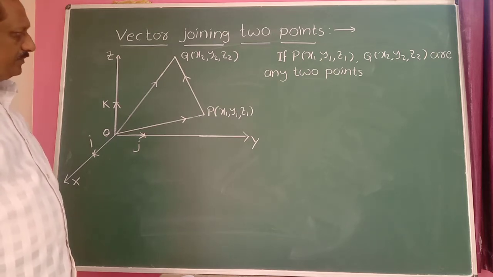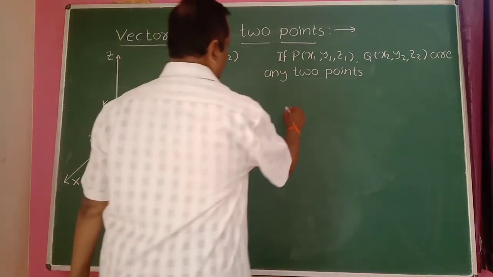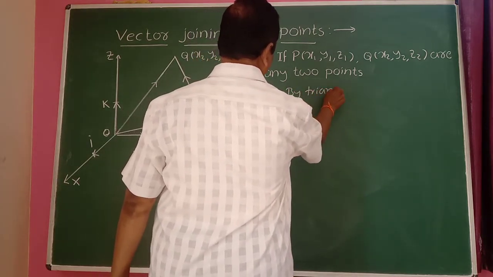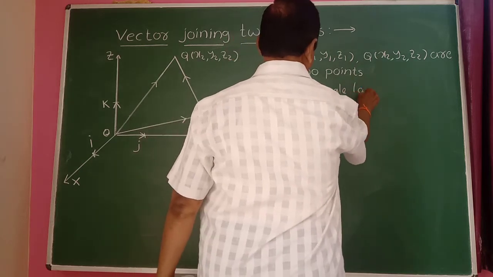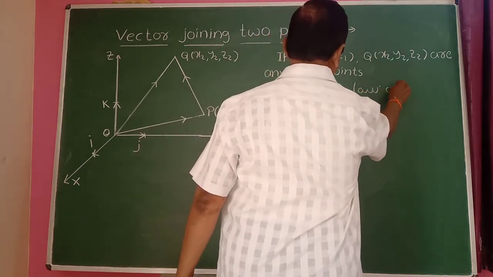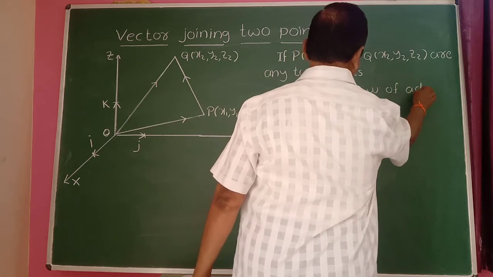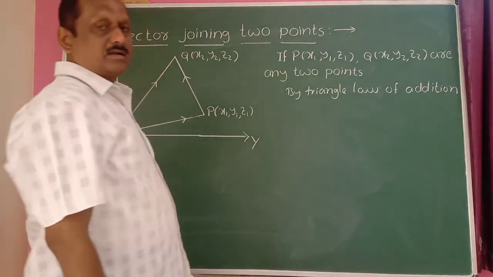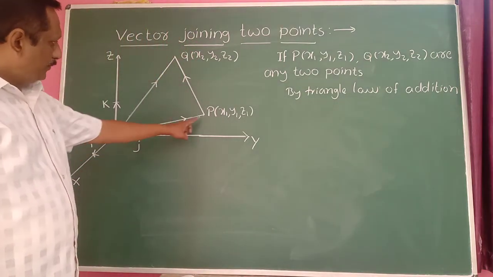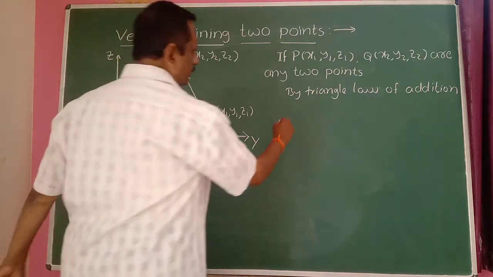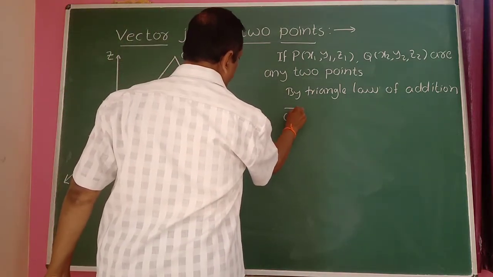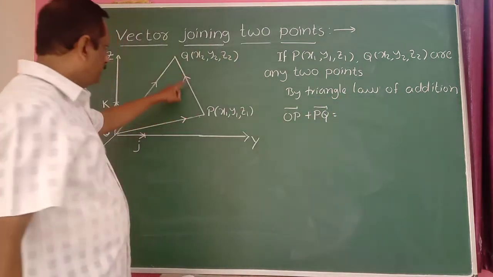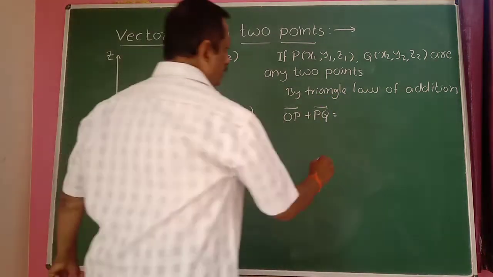So in this case, according to the triangle law of addition, OP bar plus PQ bar is equal to OQ.